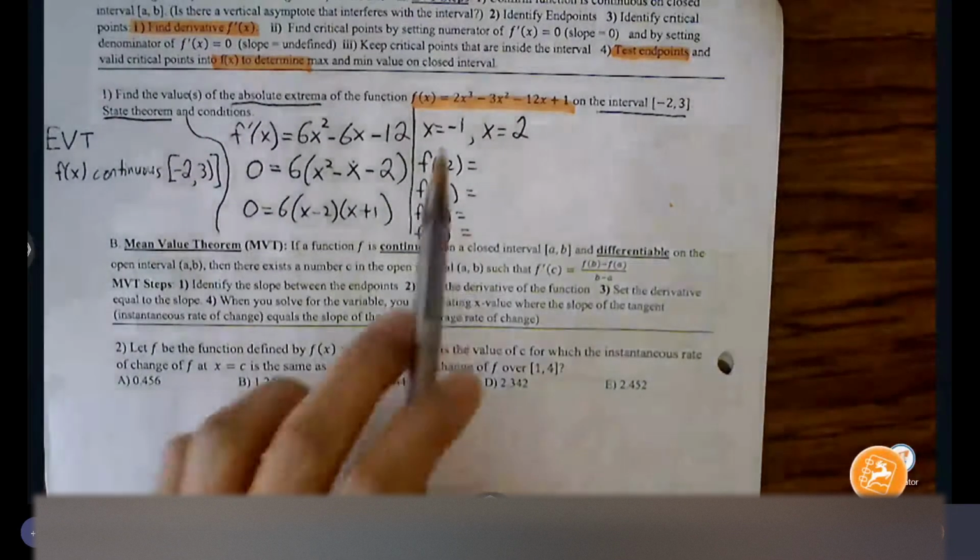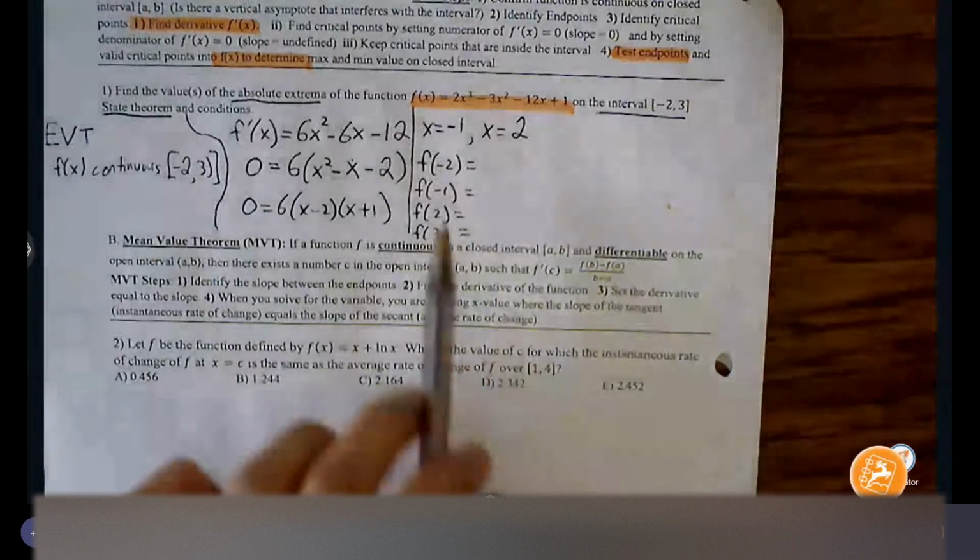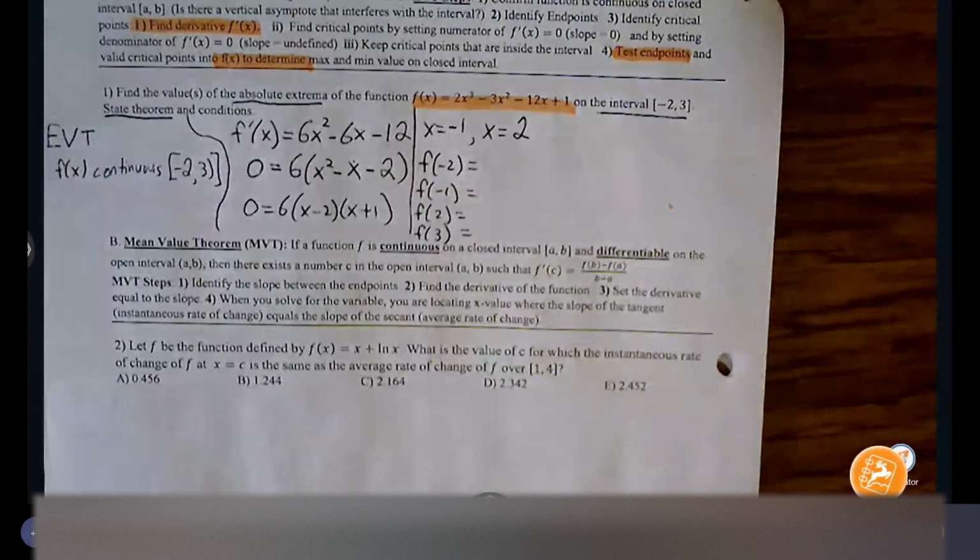Okay, we insert them into the original function, not the derivative, into the original function, because we want to now identify the physical locations of these points. And whatever is the largest y value will be your absolute max. Whatever is your smallest y value is going to be your absolute min.